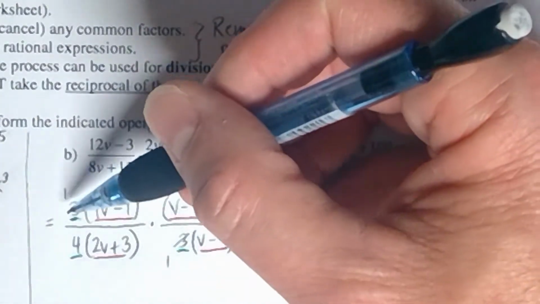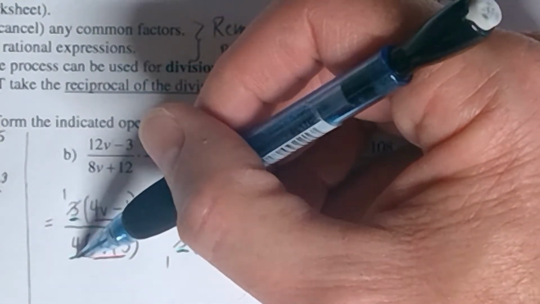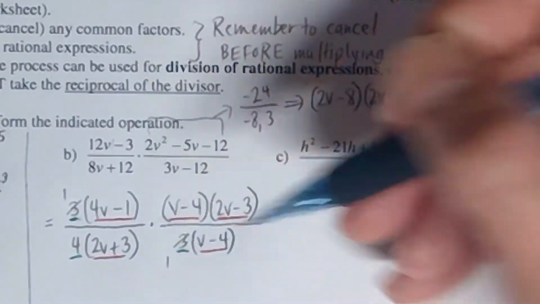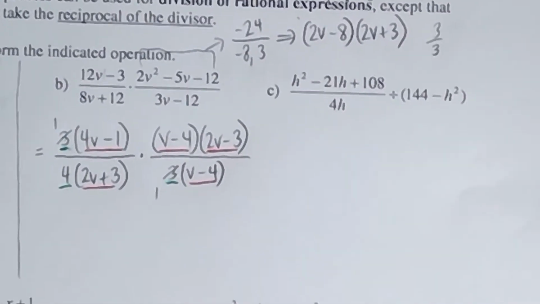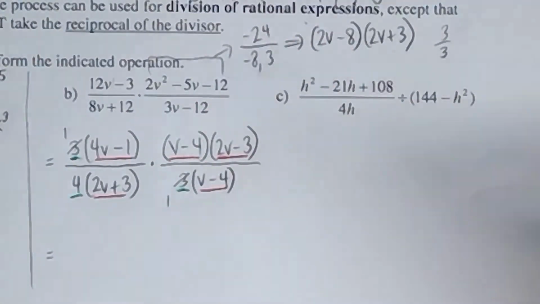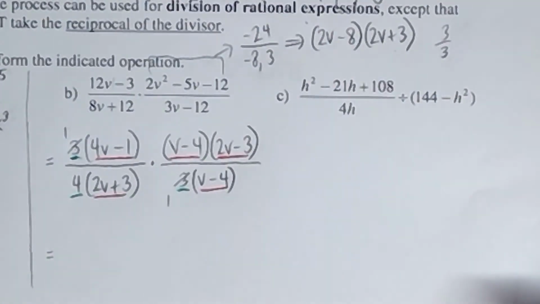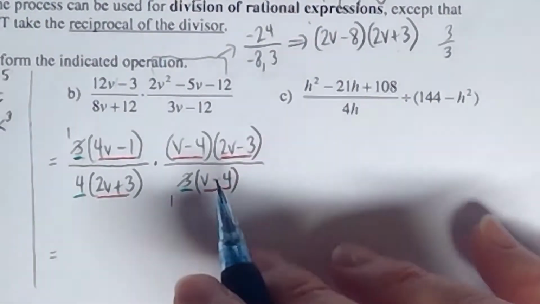So what do I got left here as far as the green ones go? 1, 4, and 1, right? Nothing else cancels out of that. 1 doesn't cancel with the 4, 1 doesn't cancel with the 1, and so the green ones are now done. All right, so we cancel the green ones when we're multiplying fractions exactly the same way we canceled them in the last section. Okay, it's the same thing with the red ones too.